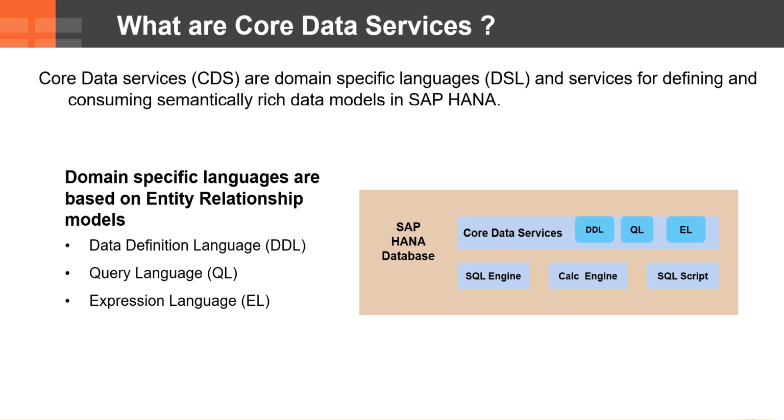This type of extension is called HANA CDS views. In that HANA CDS extension, HANA artifacts like tables, table types, views, stored procedures, and all other HANA artifacts can be created from the HANA DD extension.